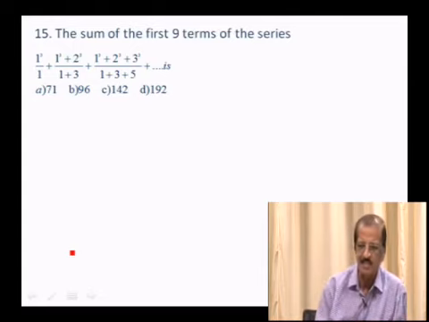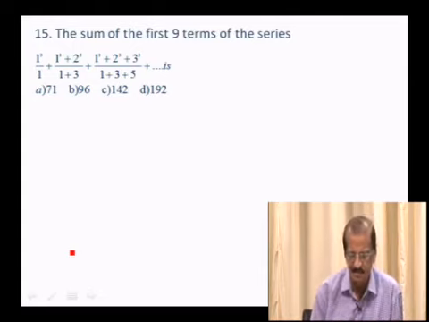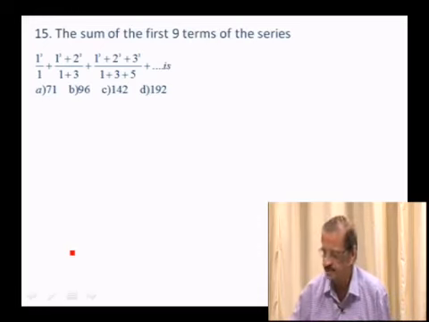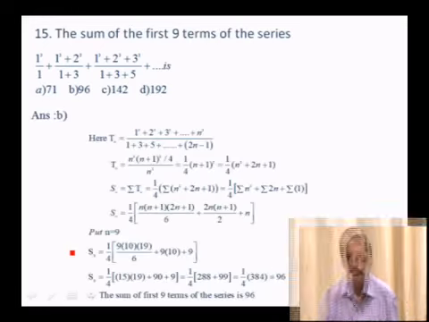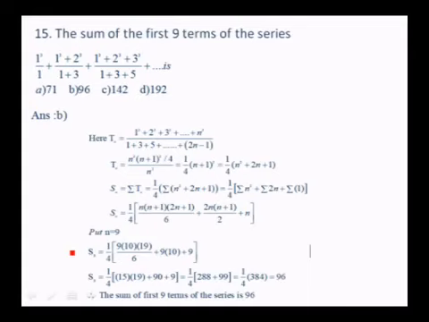So let us find the sum of the n terms, Sn first. So in order to find Sn, I find Tn first. Tn is 1 cube plus 2 cube plus 3 cube etc. n cube over 1 plus 3 plus 5 etc. plus 2n minus 1. So Tn is, apply the formula, n square into n plus 1 whole square by 4.